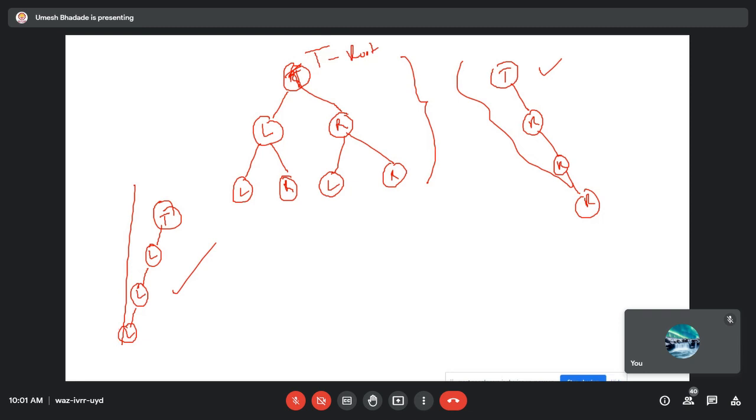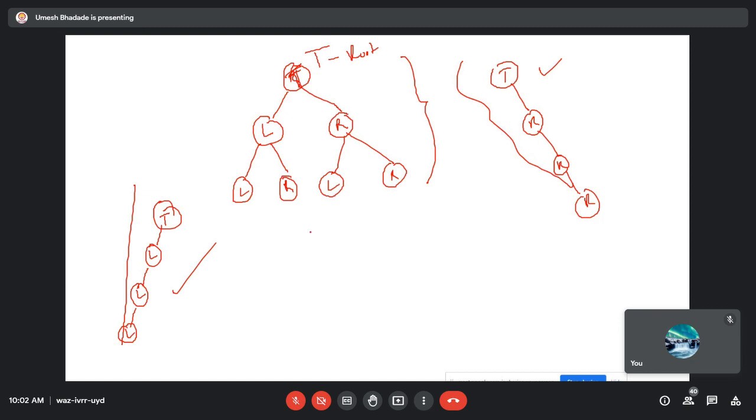So we have to see these kinds of trees, and then how we can make these trees complete binary trees. That we will see. But before that, we will see some more important definitions.